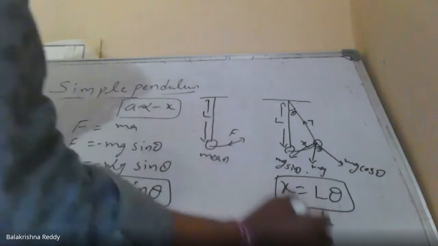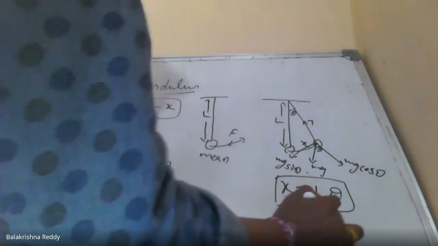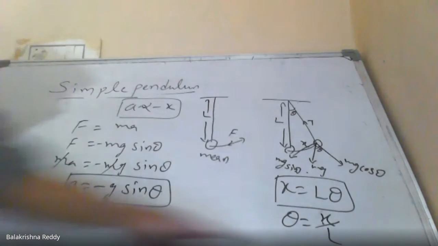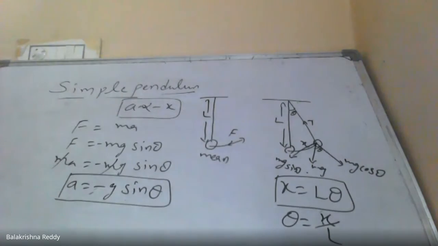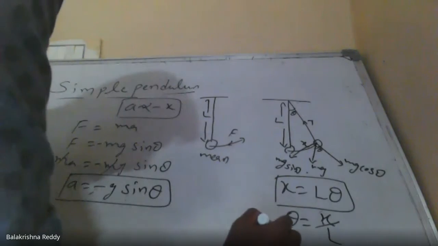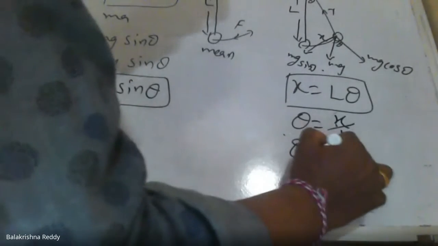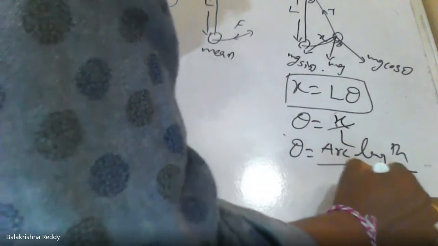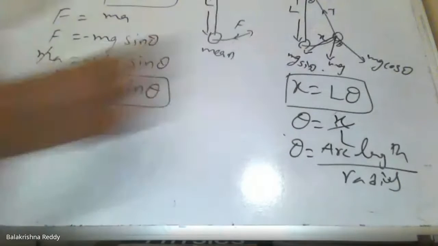So here I am considering theta equal to x by L. L is the radius, and x is the arc length. Theta equals arc length by radial distance.